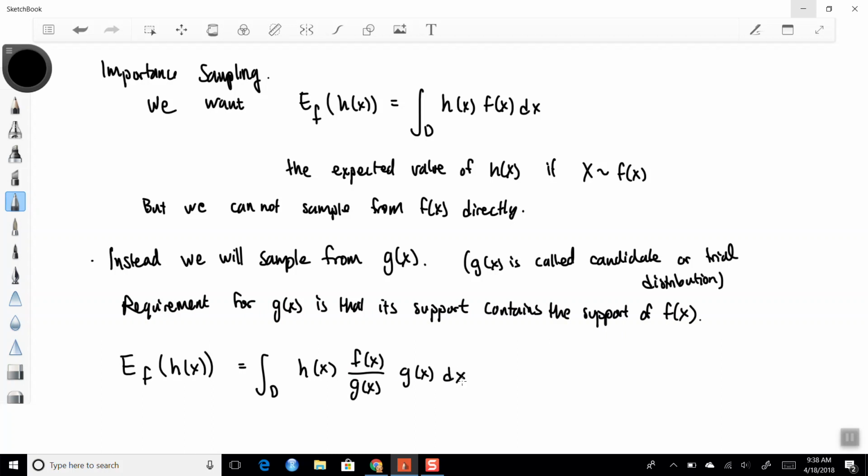Basically, I'm just multiplying by 1, g of x over g of x, but I'm going to factor it into this. If you look at this, it's in the same form as this, except now this is the PDF part and this is the function part.